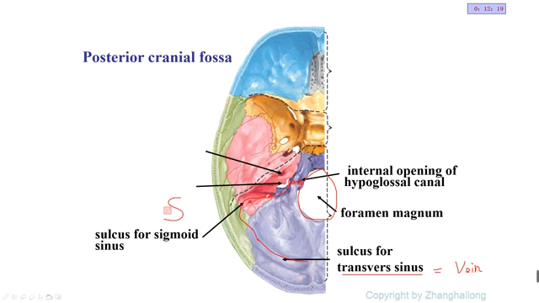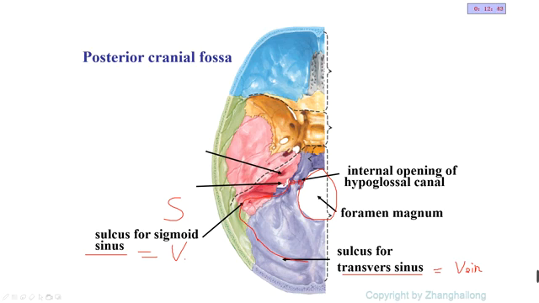And you see this one is S shaped. This sinus is another vein, the sigmoid sinus, also with venous blood flowing in it. And then the blood flows from the transverse sinus to the sigmoid sinus, then goes back to these foramen.